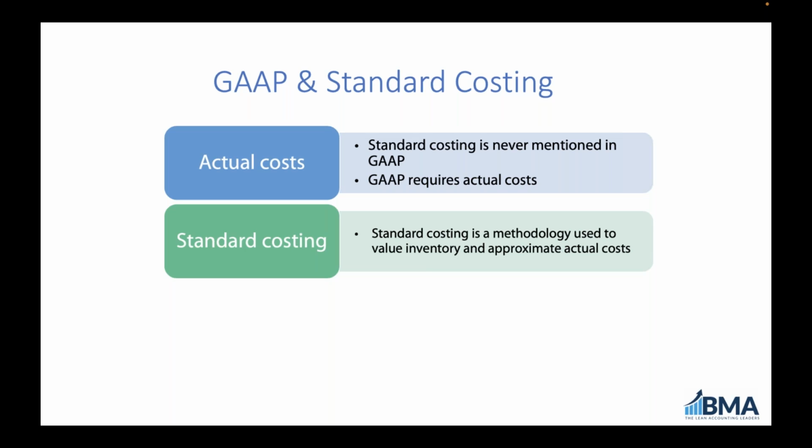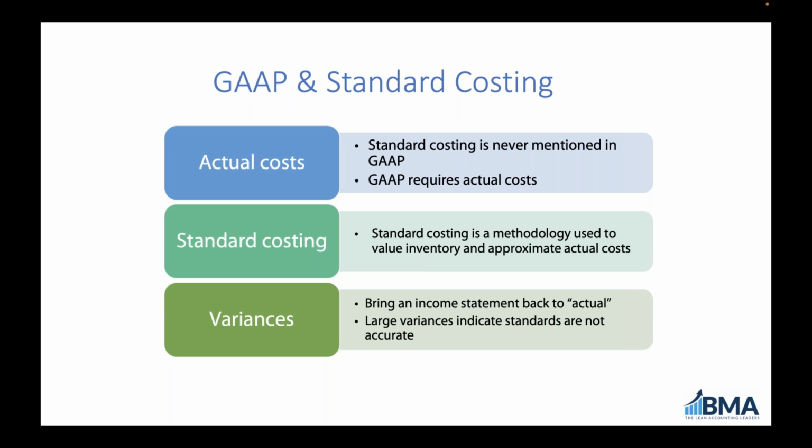So it's easy to run, it's difficult to maintain. And variances. Variances bring an income statement back to actual. And what's interesting about standard costing is that if you have large variances, that's an indication that the standards are not accurate.